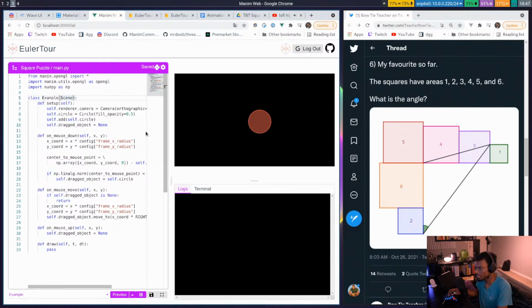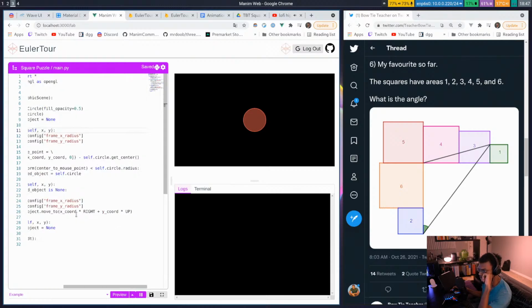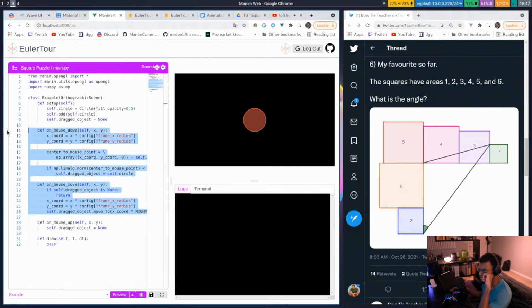I should edit this to start with orthographic scene. That should do the same thing, and now I'm just gonna fill up with a bunch of these squares. Don't need either of those right now.